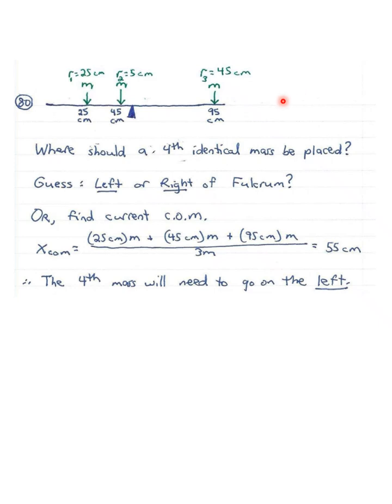We have 3 masses that have been placed. It says the meter stick is balanced on the fulcrum at the midpoint, so at the 50 centimeter mark. I've drawn here the first mass at 25 centimeters, 45 centimeters, and 95 centimeters. We're going to be figuring out the total torque here. So for torque, remember, we're going to need the lever arm of every one of those weights.